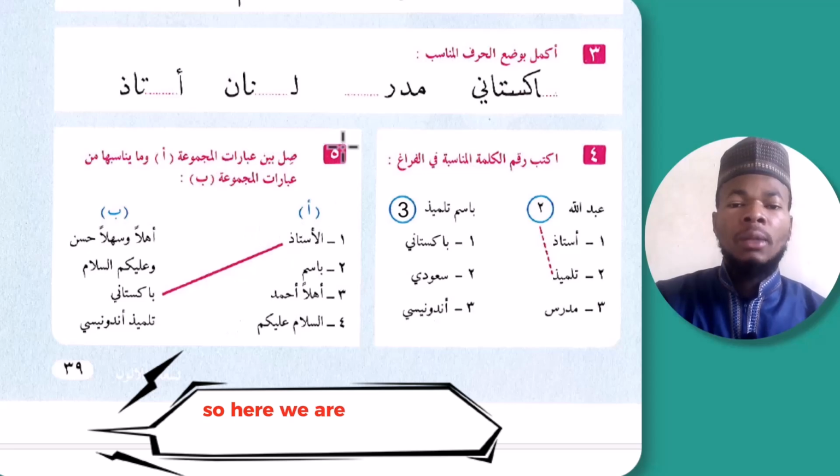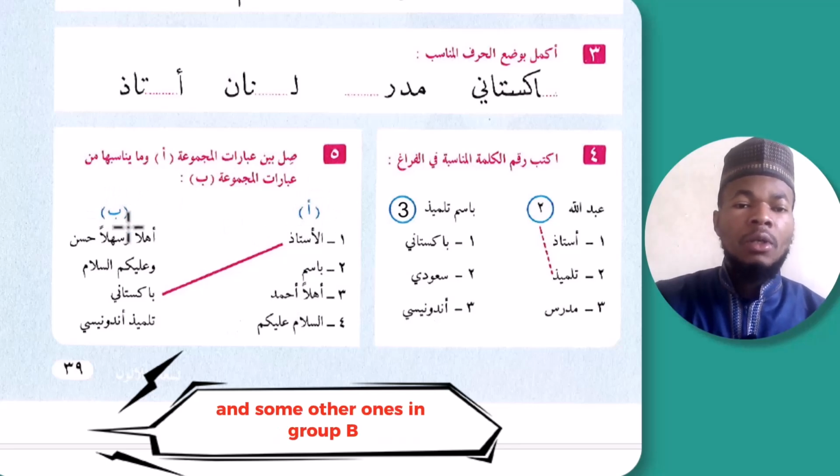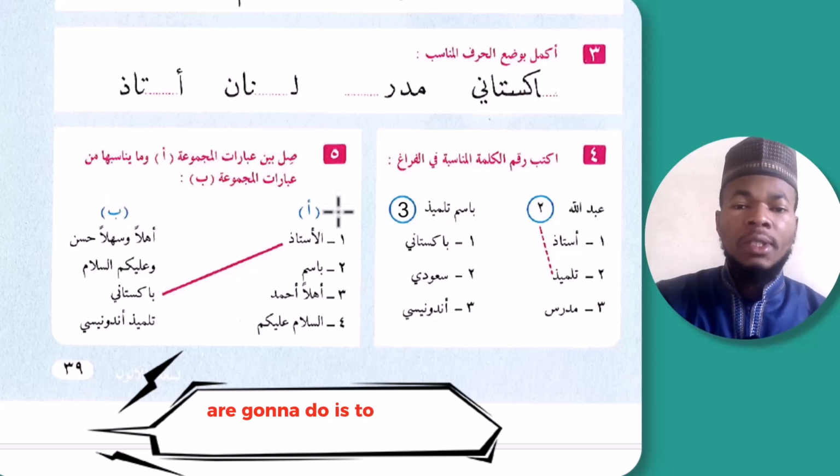So here we are provided with some set of words in group Alif and some other ones in group Ba. So what we are going to do is to select the one that suits them from group Ba.